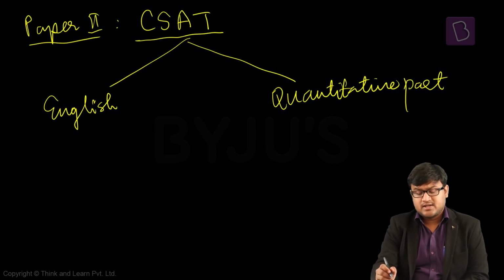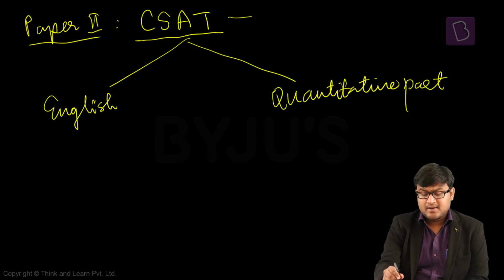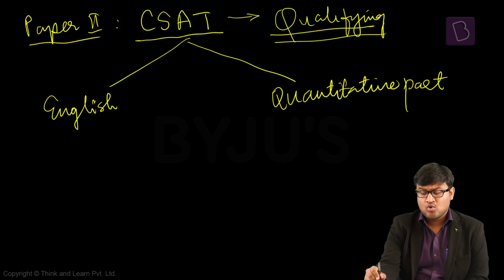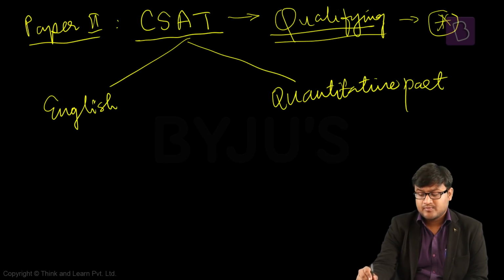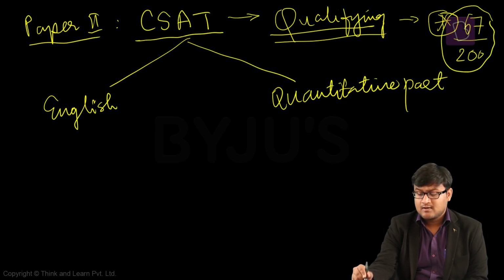As I earlier mentioned, this paper has now become qualifying and its score doesn't really count in your final merit. So you need to score only 67 marks out of 200 to qualify in this examination.